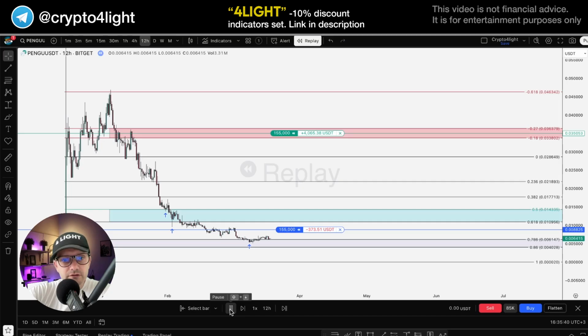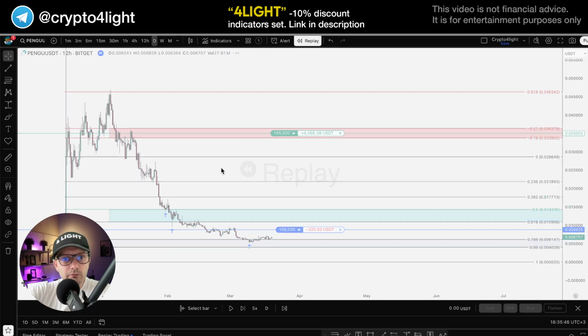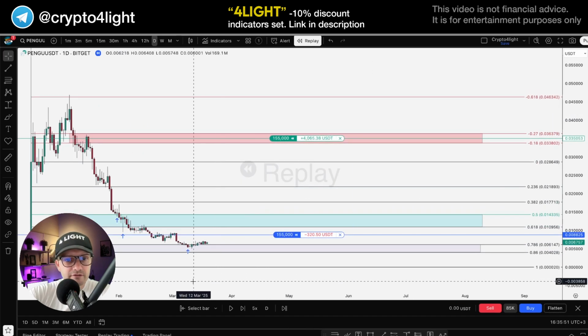So we trade. Let's turn on the fast move. Let's go back to the daily. And we wait. We wait for this target. In the moment, we can't know if we hit this target or not. Take a look. We invested like 1.5K.